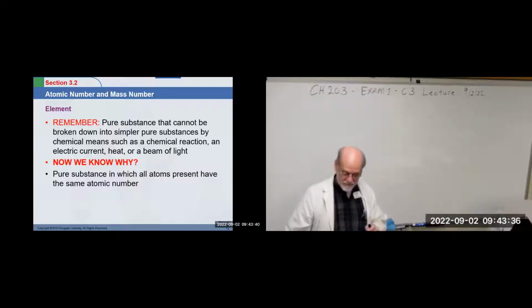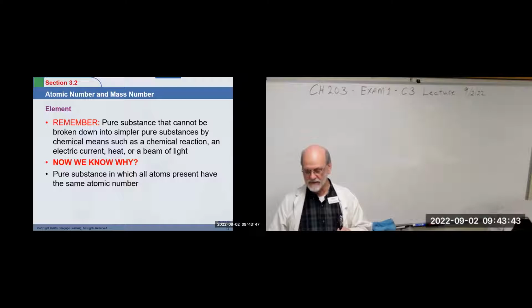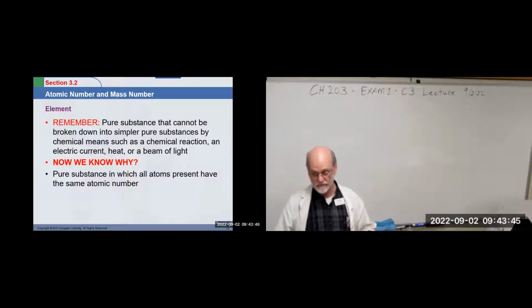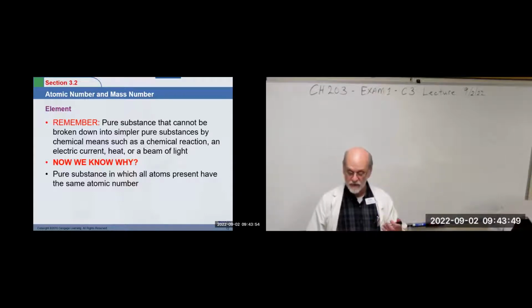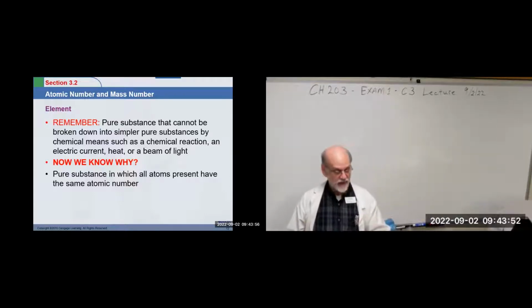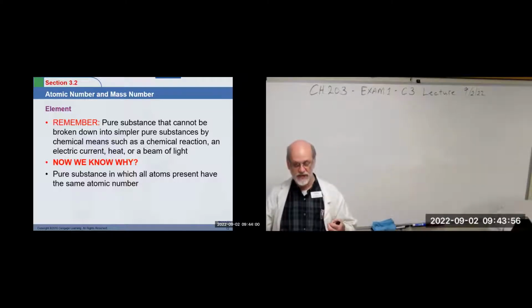Okay, so now we know that a pure substance that is an element is composed only of atoms of that element. So they all have the same number of protons. Now, Dalton said that the atoms in an element were identical. But we know now that that's not true. They may be chemically identical because they have the same number of protons and electrons in the neutral state. But they may have different numbers of neutrons.